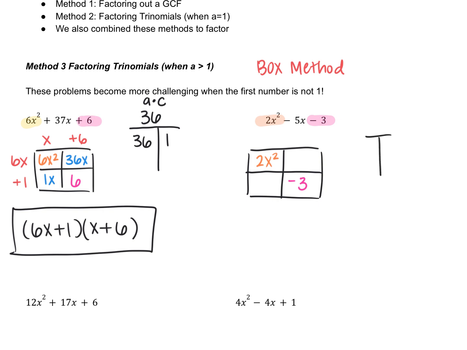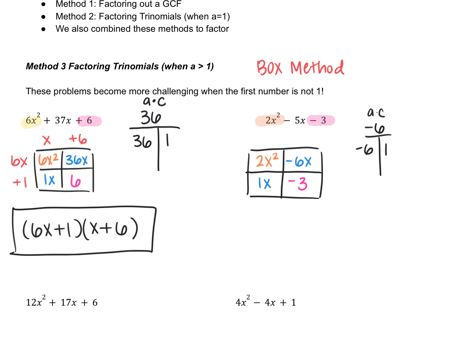When I do a times c, I'm doing 2 times negative 3. I'm looking for the numbers that multiply to negative 6 but add to negative 5, which is going to be negative 6 and 1. So I'm going to put negative 6x and 1x.